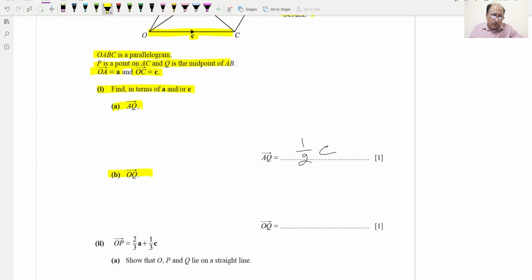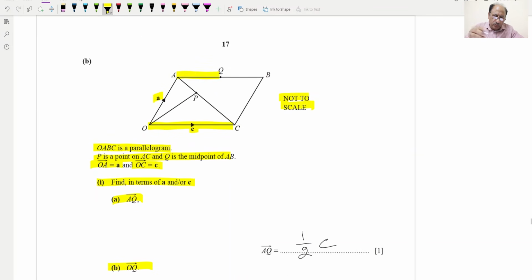Now OQ. OQ will be what? If we extend OQ, we want to figure out where OQ is. OQ will be this point. So this is OQ.